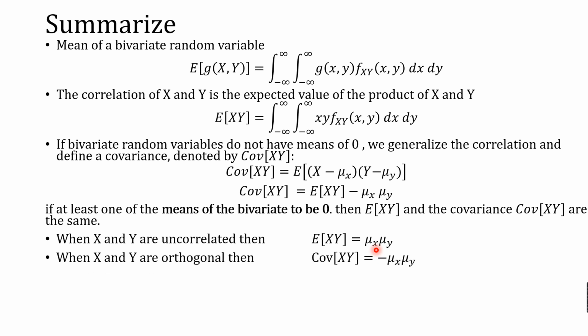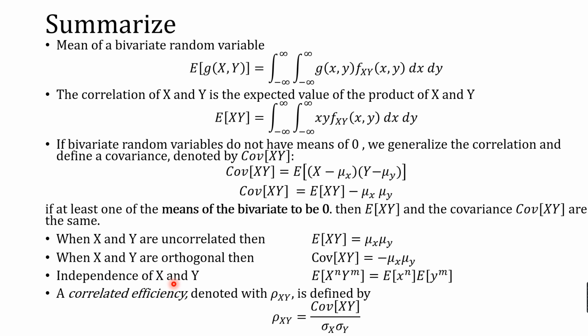Alright, when correlation of xy is 0, then we can say that covariance of x and y equals a minus mean of x into mean of y. When do you say that x and y are independent? If this is the case, then you can say that x and y are independent in nature.